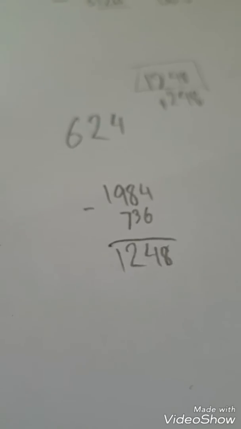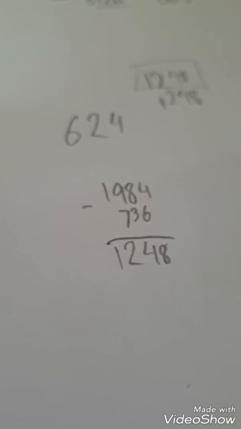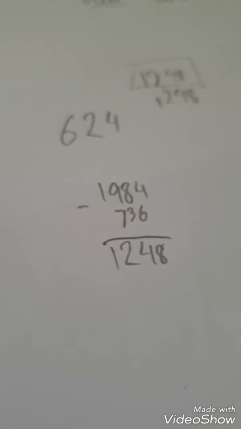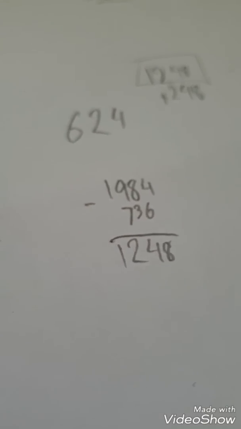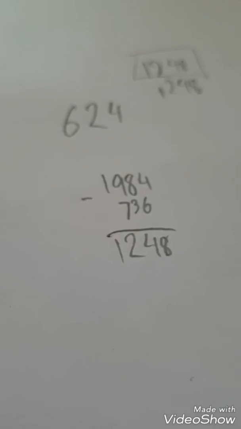And this rule denies what people say, that not every number has a rule of divisibility. Well, actually, not every number has a rule of divisibility, but every number works on this rule.